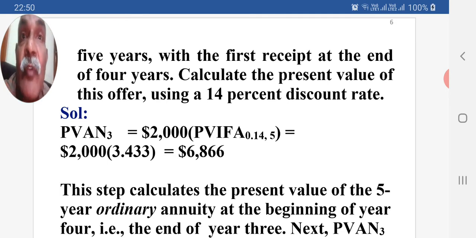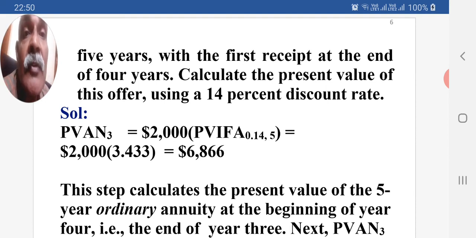Present value is equal to the payment of 2,000 rupees, and this is obviously the case of an annuity, because you are getting 2,000 rupees for 5 years.